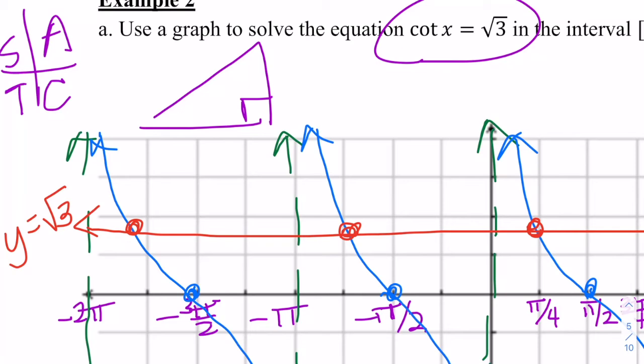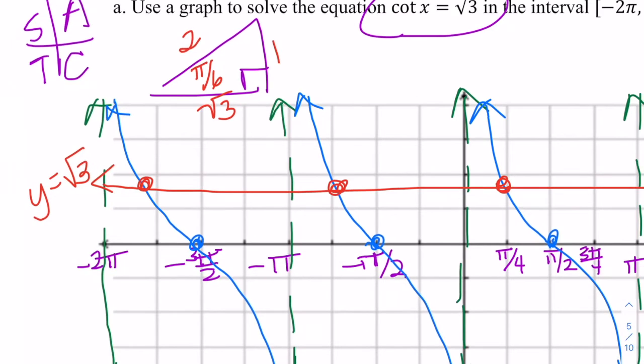So we know that cotangent is root 3, the adjacent over the opposite, and we know that the opposite angle in the 30, 60, 90 of 1 would be the 30, or pi over 6.